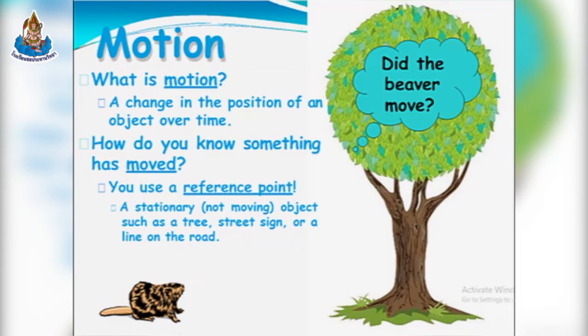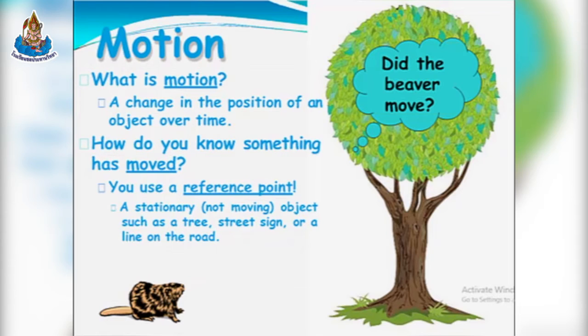So motion, we know that it is moving if there's a change in the position of an object over time, and we call that movement as motion. So how do you know something has moved? You will use a reference point. When we say reference point, it is a stationary object. Stationary means it is not moving.